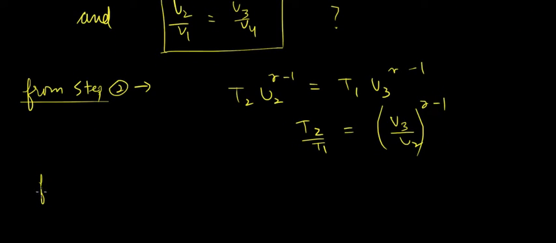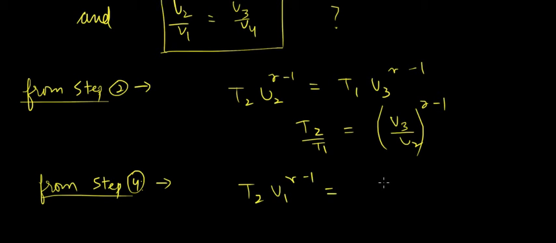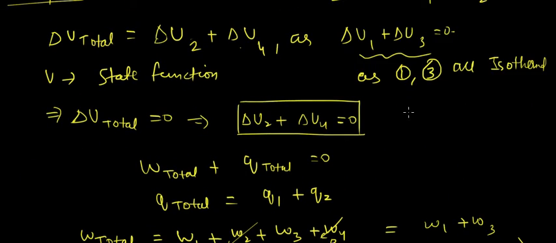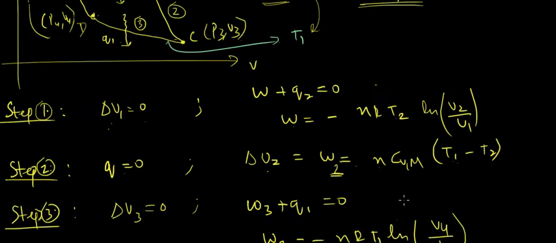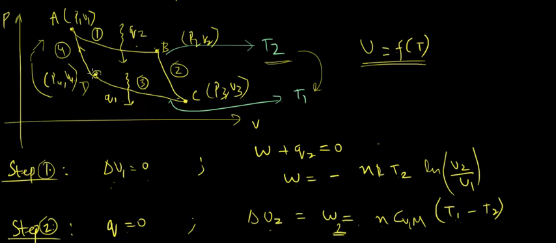Similarly, from step 4, which is again adiabatic ideal gas compression, we can write T2 V1 to the power gamma minus 1 would be equal to T1 V4 to the power gamma minus 1. How can we write this? Because here we are comparing the constants at these two positions and then at these two positions.